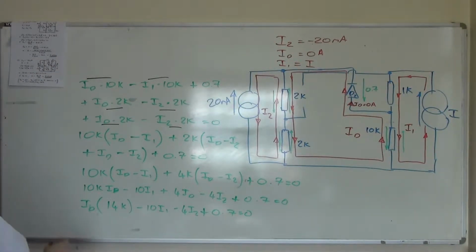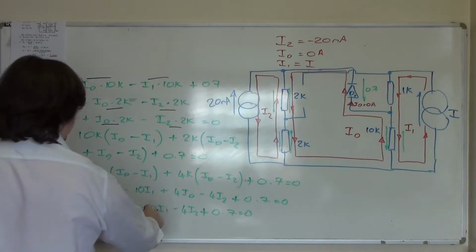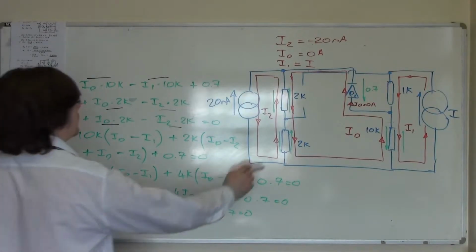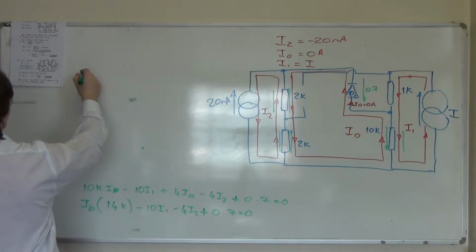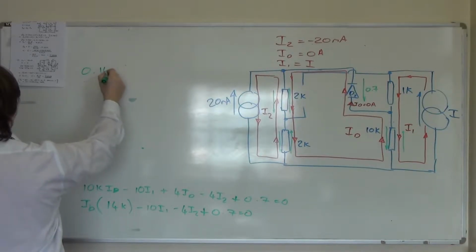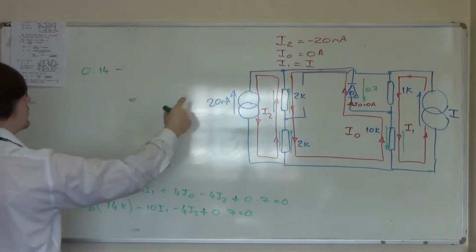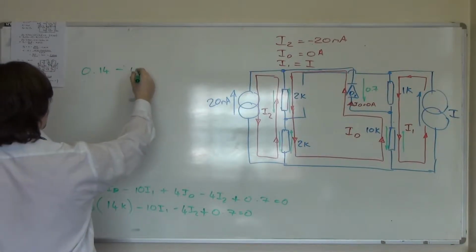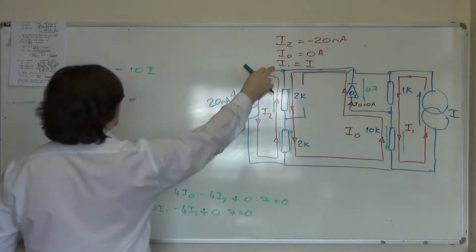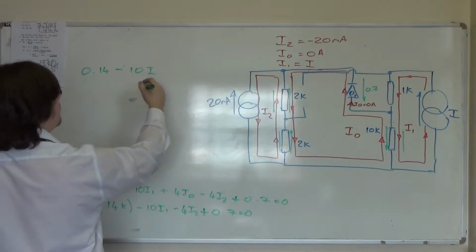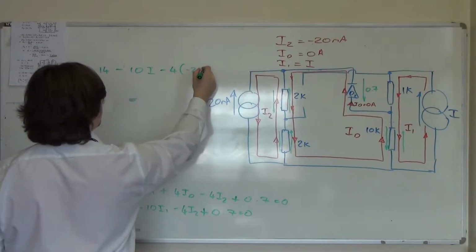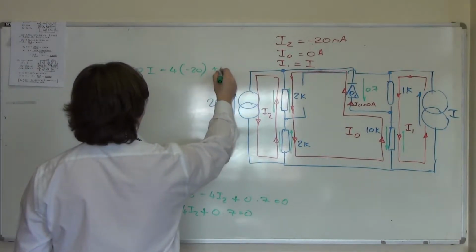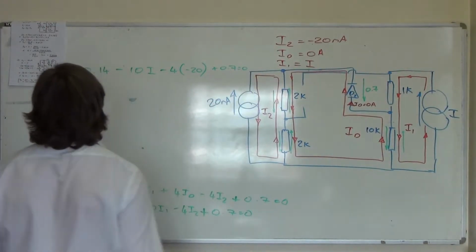Right, so we then have, we can start putting in the values for the currents, because we've got values for most of them. We can do 0 times 14K minus 10 times I. This is I1, but I1 equals I, so minus 4 times minus 20 milliamps plus 0.7 equals 0.